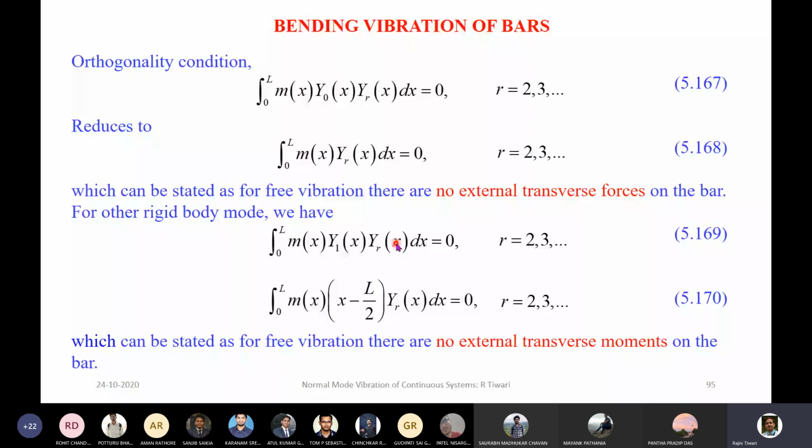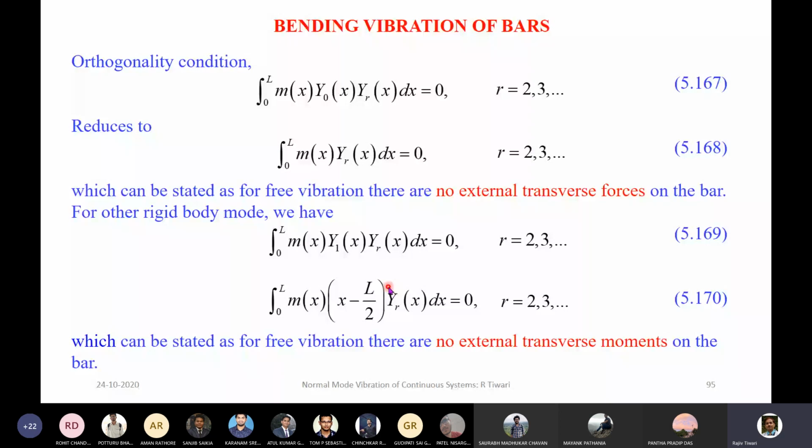Second case, when we take y1, which is the anti-symmetric mode, which has x minus L by 2, and this is the eigenfunction corresponding to the flexible mode. This being equal to 0 represents that there are no external transverse moments present in the system.